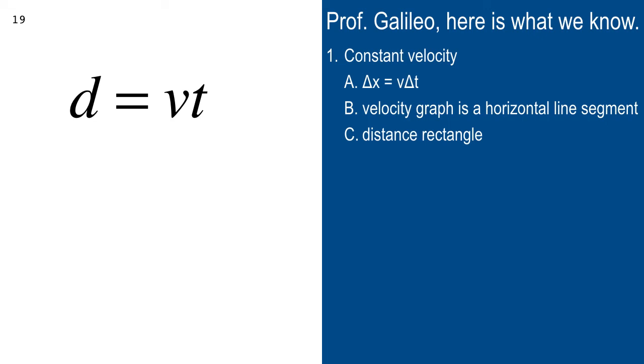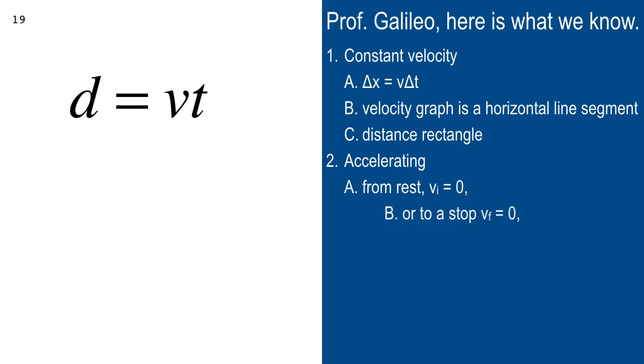All right. Now, if something's accelerating from rest, so from vi equals 0, or if it's accelerating to a stop, slowing down to a stop, vf equals 0, we have a fairly simple formula.